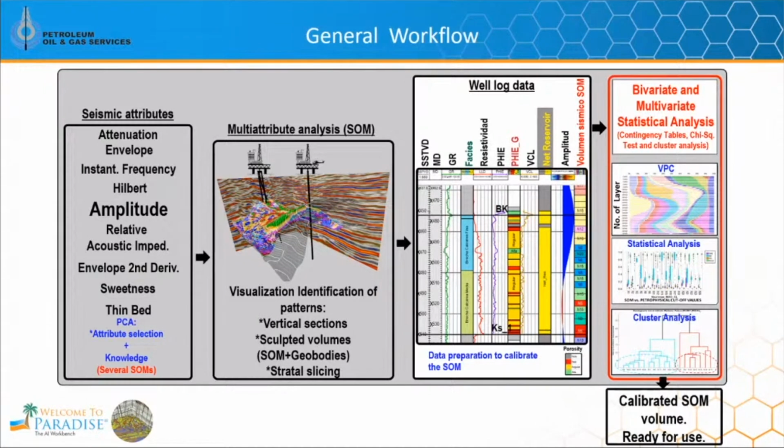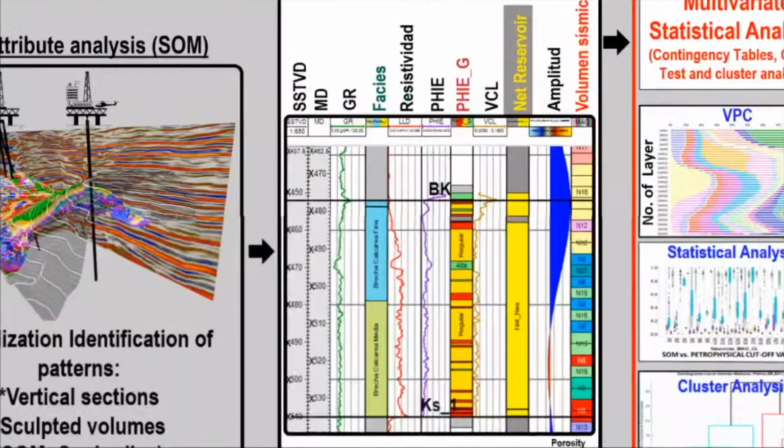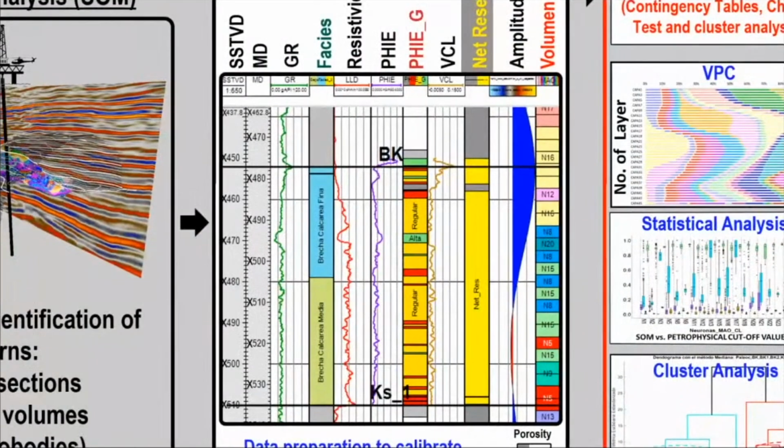We can extract those volumes along the well path and see how these neuron numbers correspond to several properties, and understand the behavior of those properties and how they are distributed in the area, I mean, with the SOM volume classification.